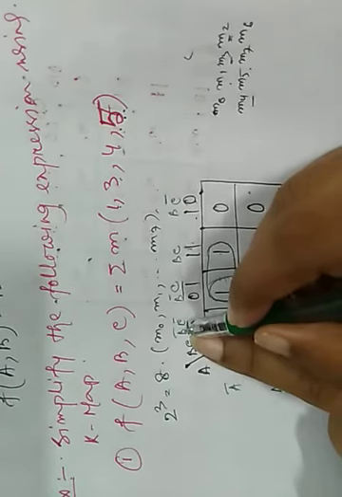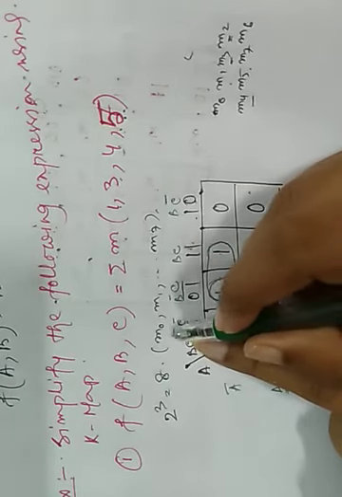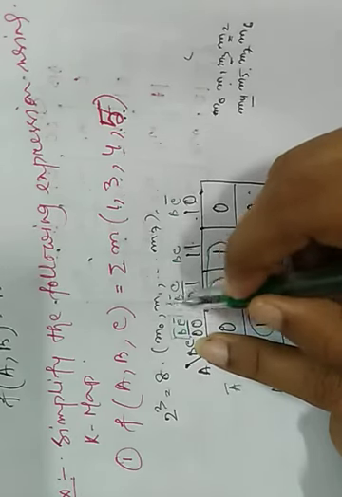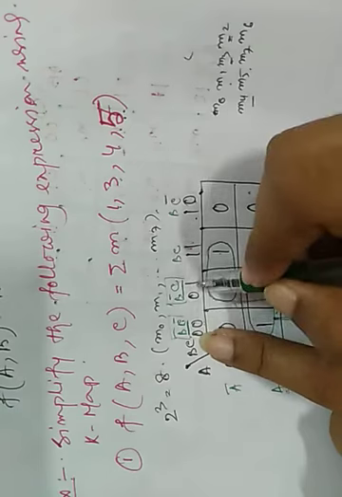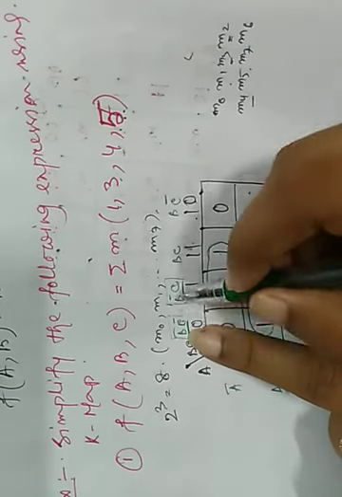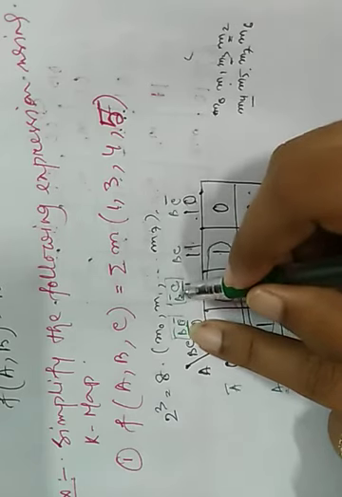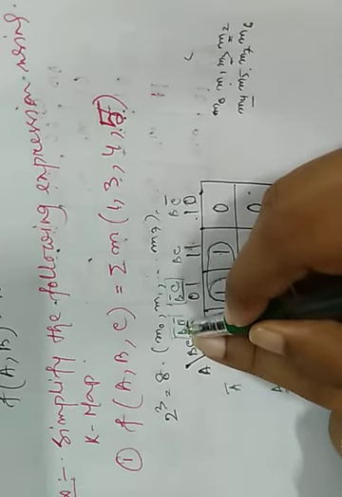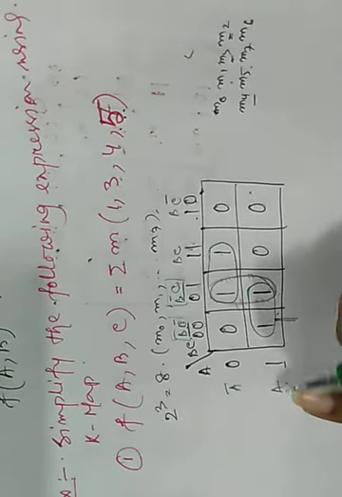Here it is B bar C bar and B bar C. From those 2 values we have to take the variable which is common in both columns. B bar is common in both columns, but C bar is changed. So for this column we should take B bar, and for the horizontal we should take A.